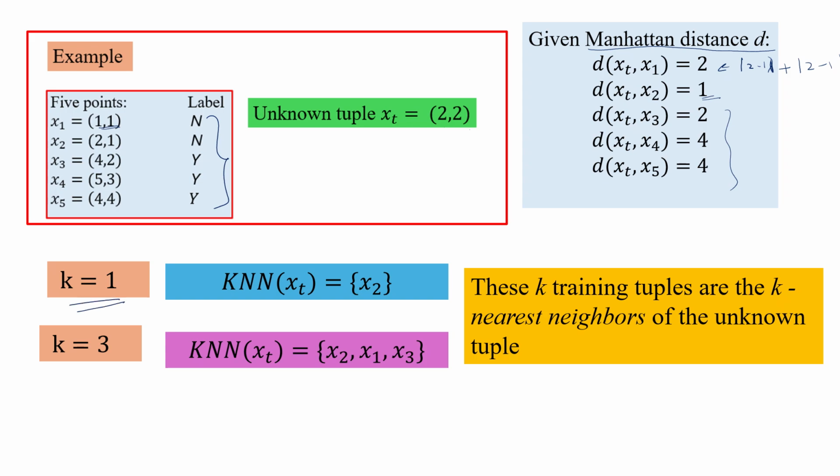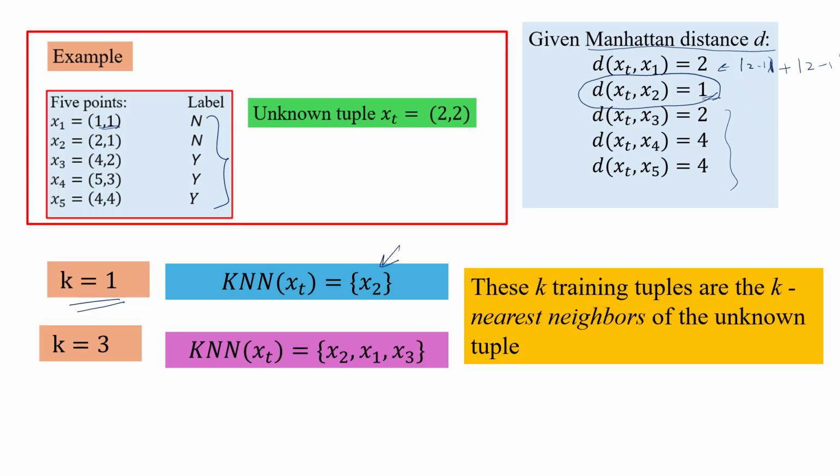When we want only one nearest neighbor, k equals 1, we look at the smallest distance. For k equals 1, the smallest distance happens to be 1, which is the tuple x2. So the k nearest neighbor set is x2.